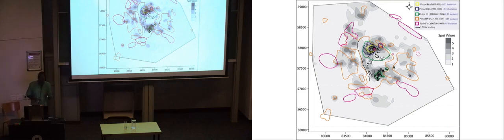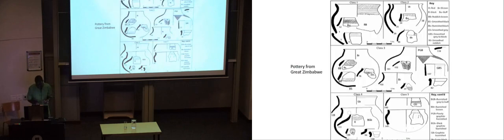And then period 2, 900 to 1000, and so on. We can also see from this map that even during the flourishing of Great Zimbabwe, not every part was perhaps occupied. This has a bearing on estimating the total population that was resident at Great Zimbabwe.